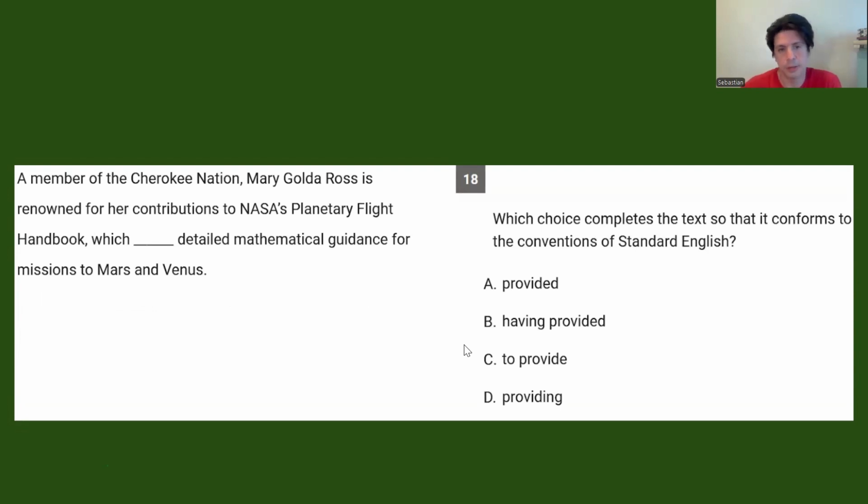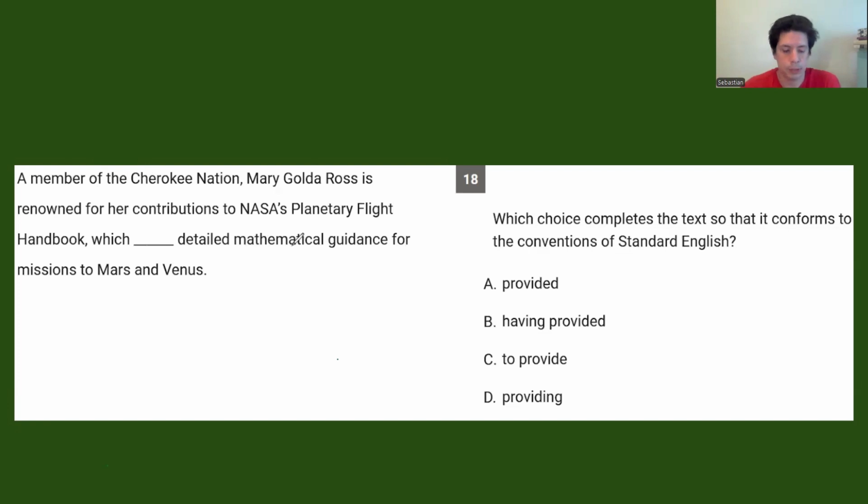So this one here: provided, having provided, to provide, providing. So they're testing a verb tense or form. So a member of the Cherokee, and this is question 18, module 2A, Bluebook Test 1. A member of the Cherokee Nation, Mary Golda Ross, is renowned for her contributions to the NASA's Planetary Flight Handbook, which blank detailed mathematical guidance for missions to Mars and Venus.